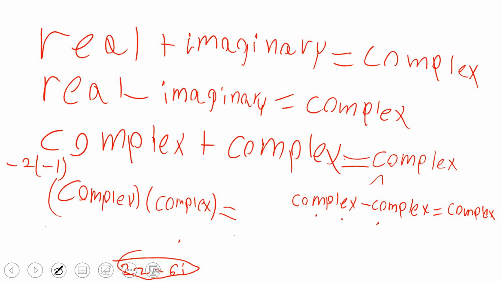And we know that this is a complex number. We have a real part and we have an imaginary part, which makes it a complex number. So we know that complex multiplied by complex is again complex.